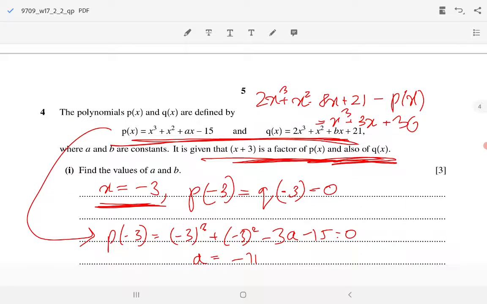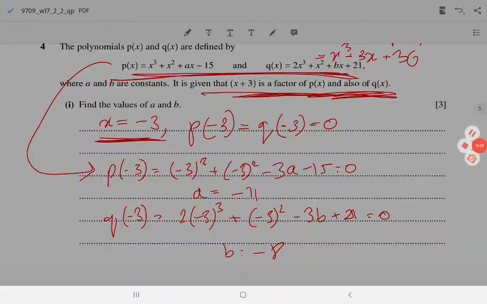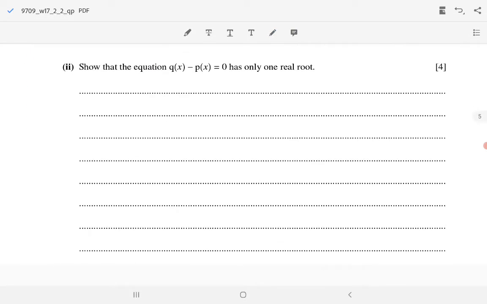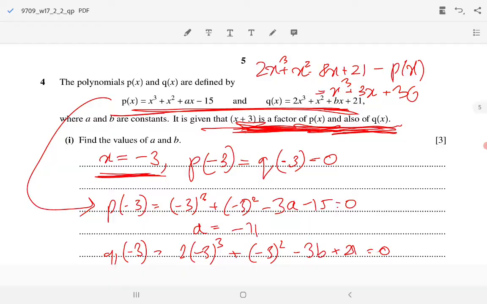Alright guys, since we know x plus 3 is a factor of both p of x and q of x, we can just divide x cubed plus 3x plus 36 by x plus 3. Let me just check.